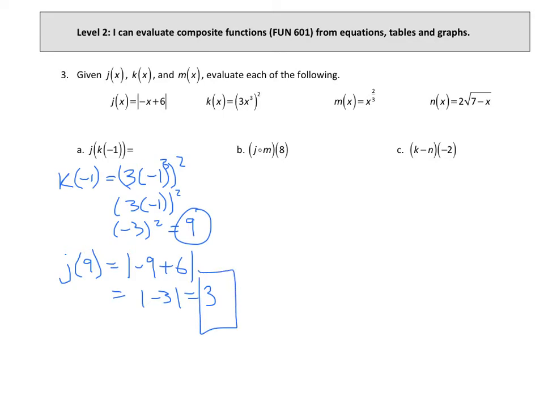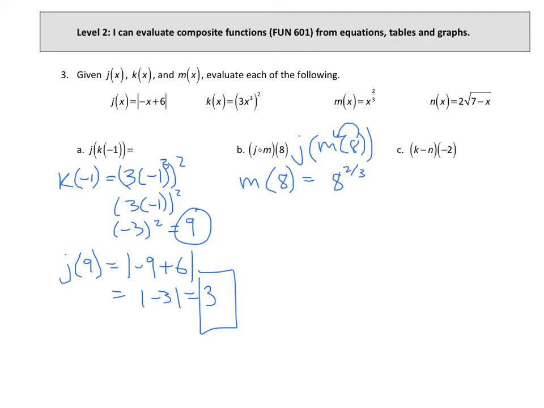In part B, this is a different notation for the same thing we did in part A. So this little tiny open circle means the same thing. This is j of m of 8. So we're plugging 8 into m, and then whatever answer we get, we plug that answer into j. So first we're evaluating m of 8, which would be 8 to the 2/3.